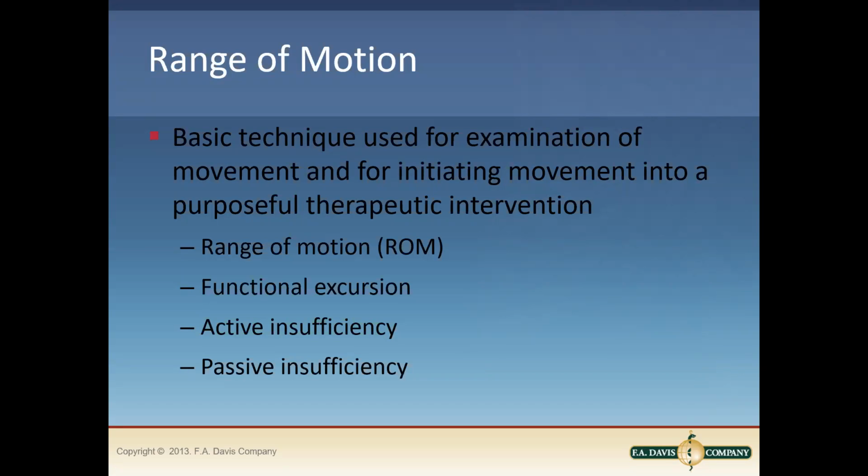Is active it can't contract anymore, or is active it can't lengthen anymore? Okay, can't contract anymore. Good. Then that means passive is it can't lengthen anymore, right? When you are actively moving the muscle, you get into active insufficiency.